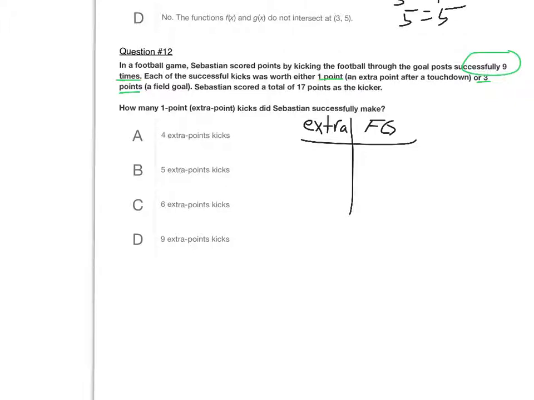So for answer choice A, if we had 4 extra point kicks, then that would give us 4 points. And then 4 plus what is 17? That would have to be 13 for it to equal 17.